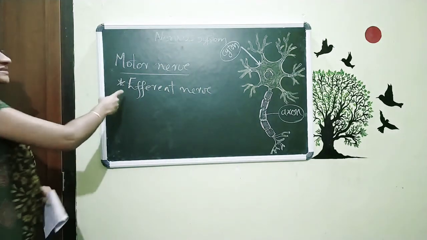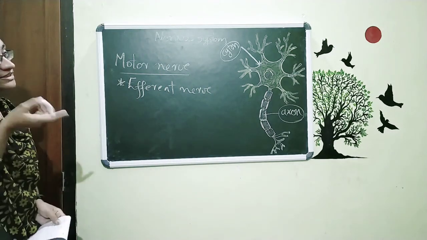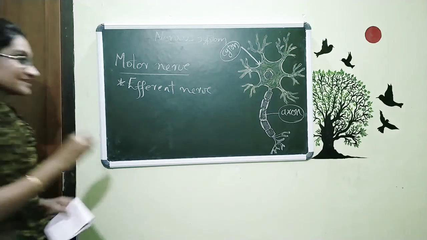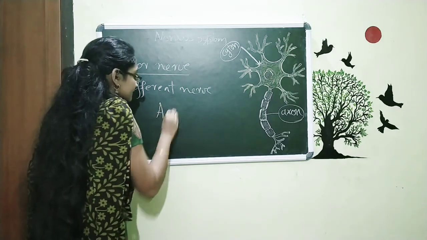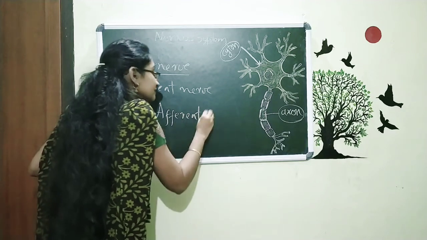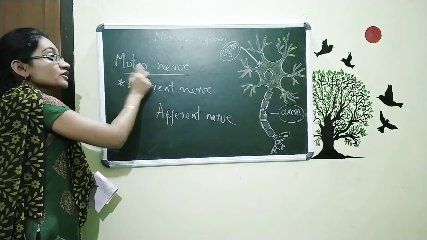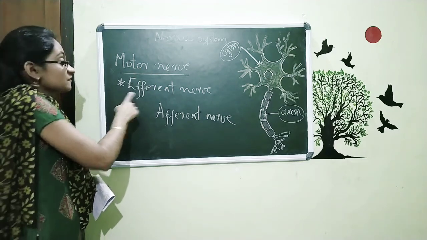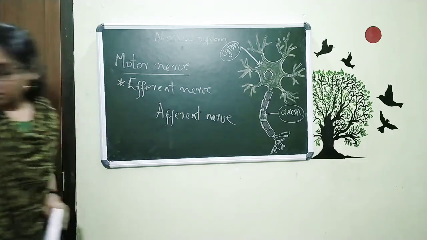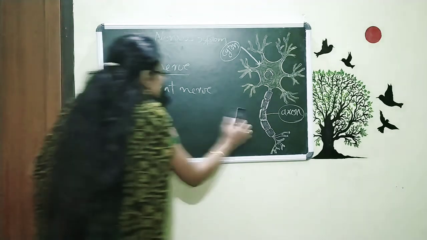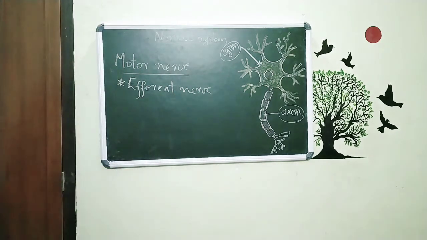Don't confuse this with afferent nerve. We studied in the first section that it is afferent, A-F-F-E-R-E-N-T, afferent nerve for the sensory nerve. For this motor nerve we are writing efferent, E-F-F-E-R-E-N-T. So this motor nerve is also called efferent nerve.